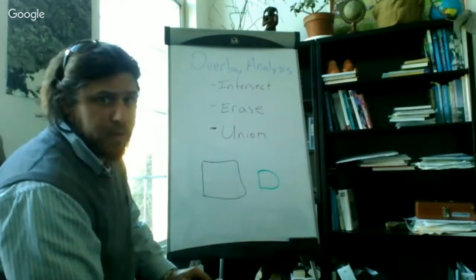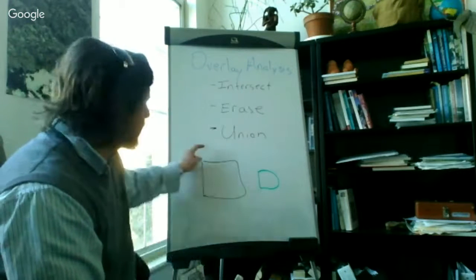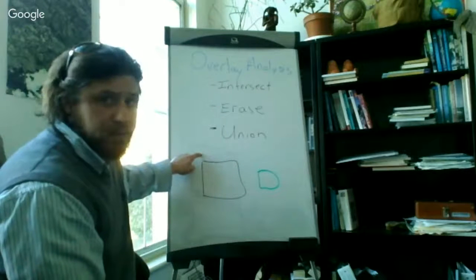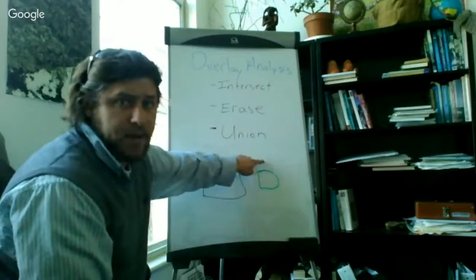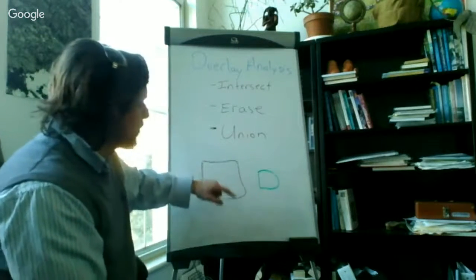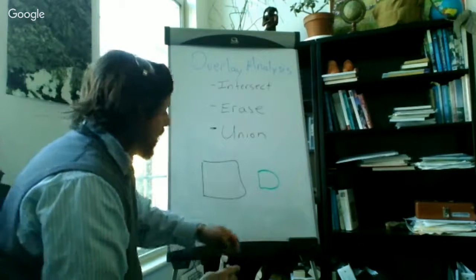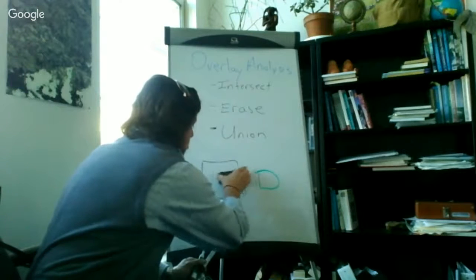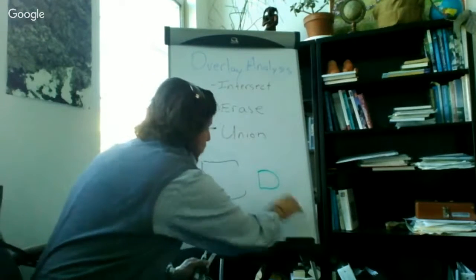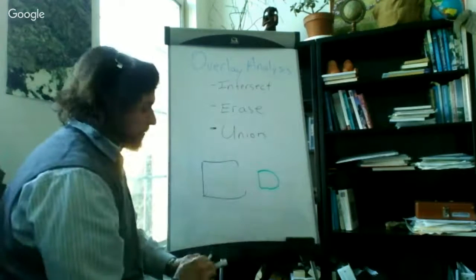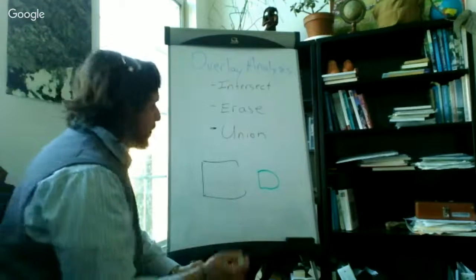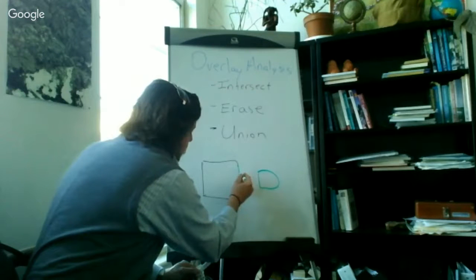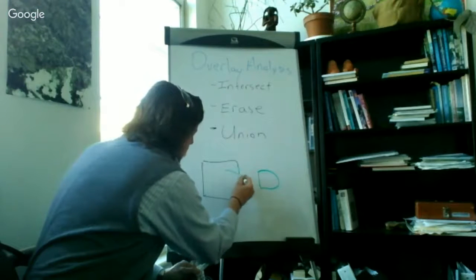And so what the erase operation does is it takes a base or an input layer, input feature, and it also takes an erase feature. And when we overlay them together, what happens is that the erased area, or what our erase input is, is removed from the input feature. So our new polygon would look something like this.